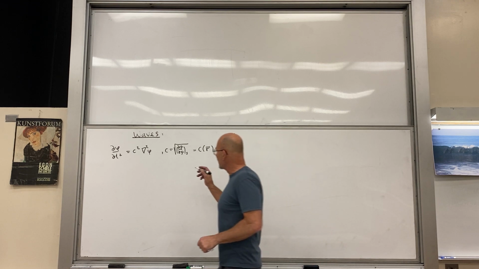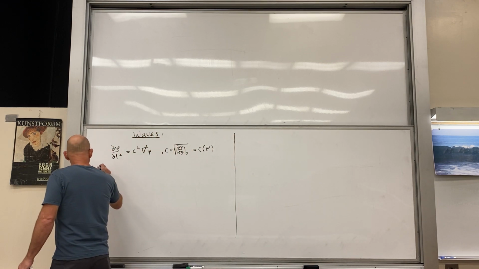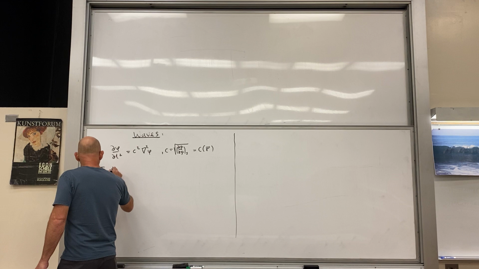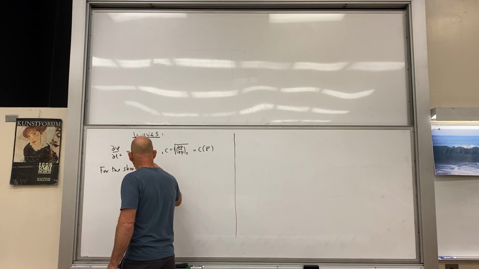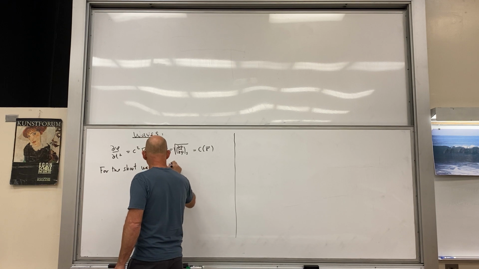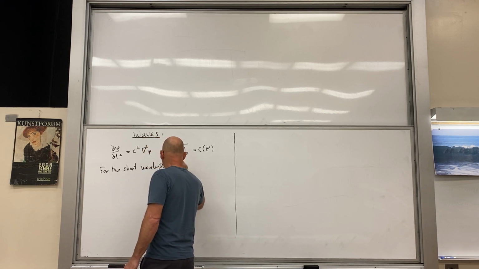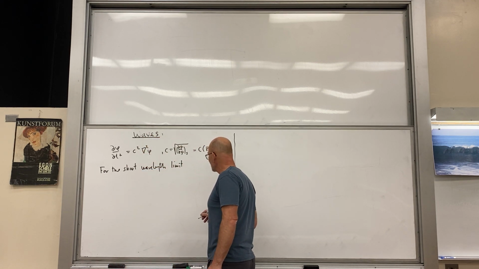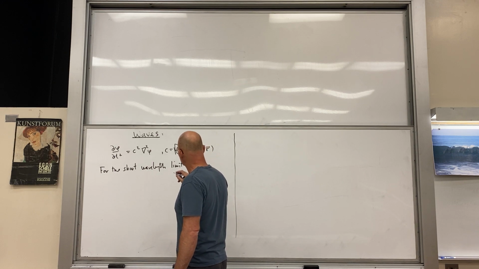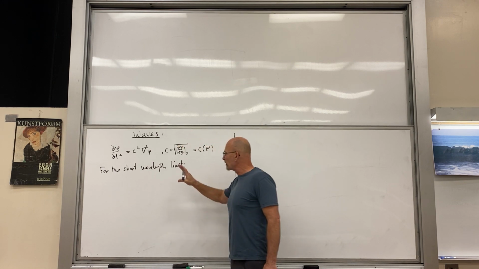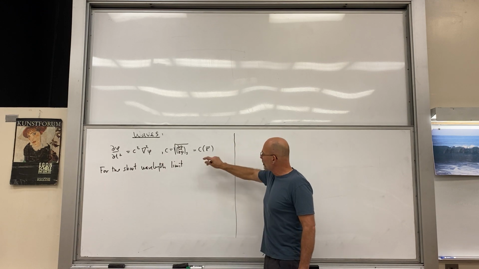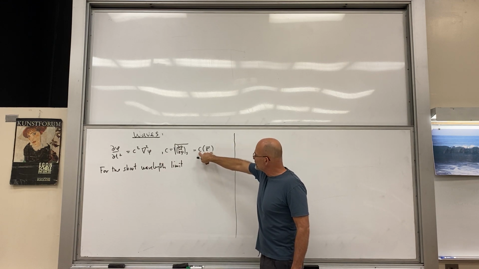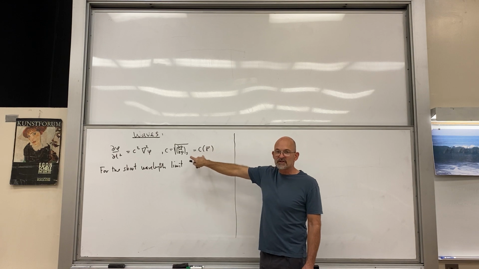So then I'll just write here the short wavelength limit, and that was defined in terms of the regions over which C changes appreciably.